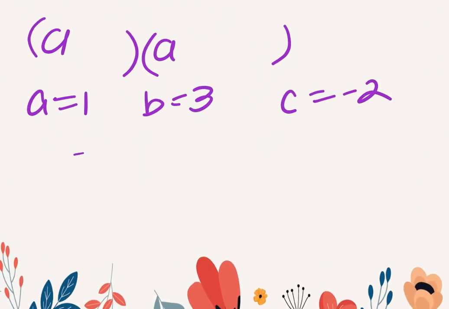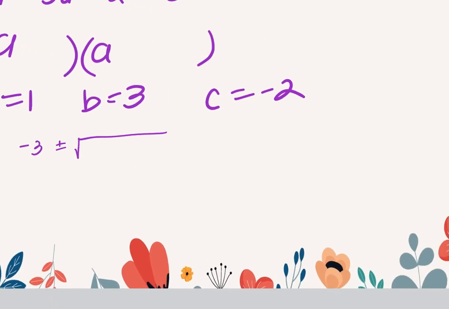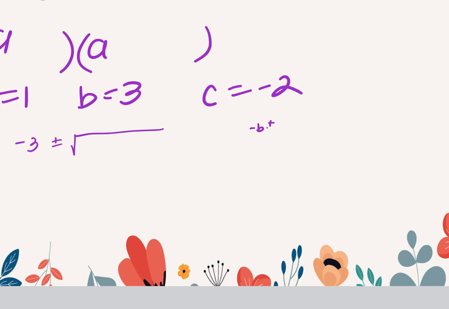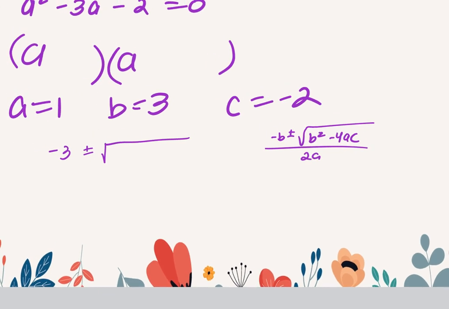So -b plus and minus the square root of, I'm going to write it off to the side because this is important. -b plus and minus the square root of b squared minus 4ac all over 2a. So -3 plus and minus the square root of 3 squared minus 4 times a times -2 over 2 times a.